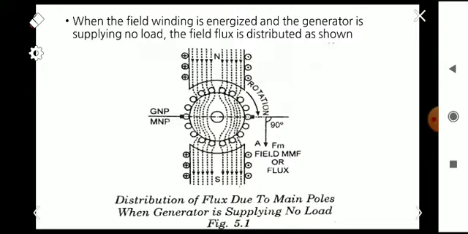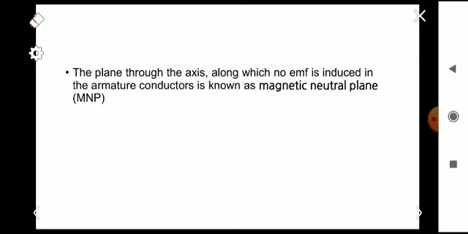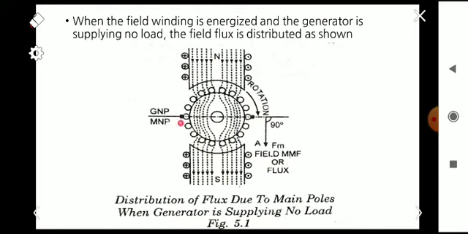But if there is a current flowing through the armature conductors, then around the conductors there will be a magnetic field. That is called our armature flux. In this figure you can see the geometrical neutral plane and the magnetic neutral plane.